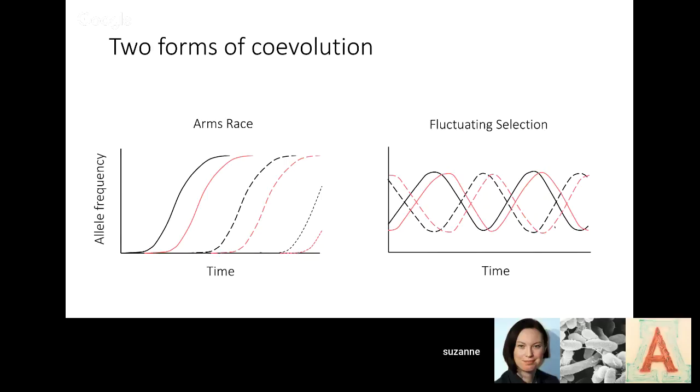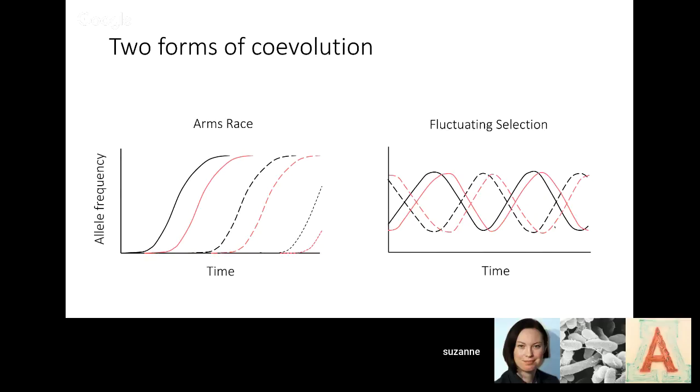And it comes about by the fact that if you have a pathogen that can only infect certain genotypes of hosts, then it pays the pathogen to adapt to the most common host genotype in the population. And so as a result of that, it actually pays the host to be the rarest genotype in the population. As a result of this, you get negative frequency dependent selection. And so these genotypes sort of fluctuate through time.